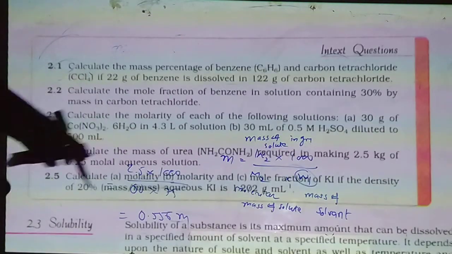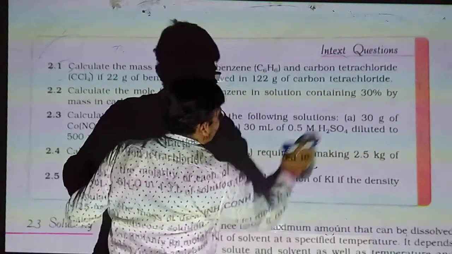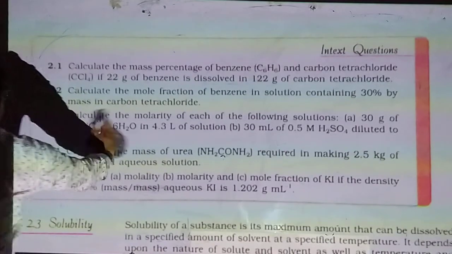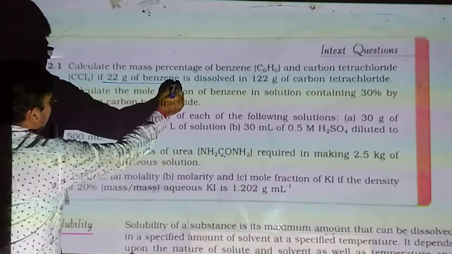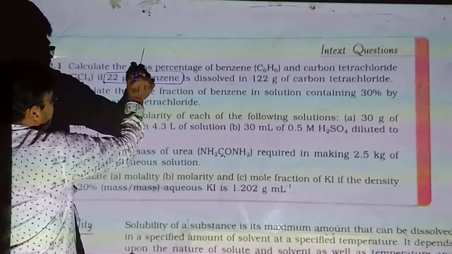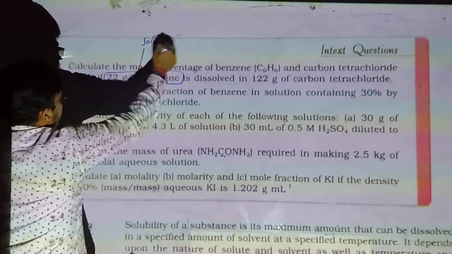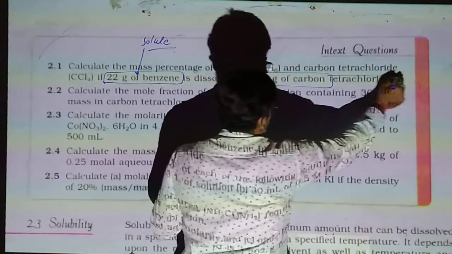Now some in-text questions. Here we are discussing some in-text questions one by one. Calculate the mass percent of benzene and carbon tetrachloride. 20 gram of benzene, having less amount, should be the solute, dissolving in 122 gram of carbon tetrachloride.